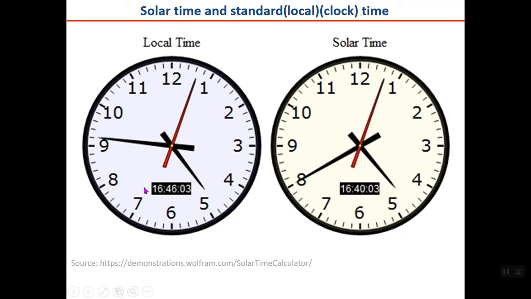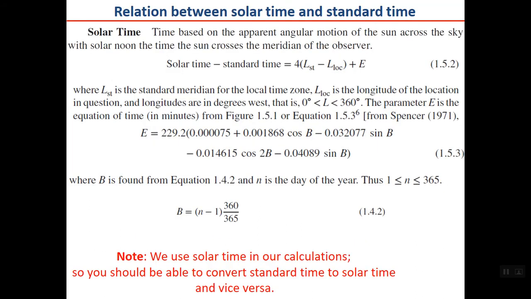Local time is the time which your clock shows, and solar time in some way shows the position of the sun in the sky. There's a relation between solar and standard time, as you can see here. Solar time is the time based on the apparent angular motion of the sun across the sky.